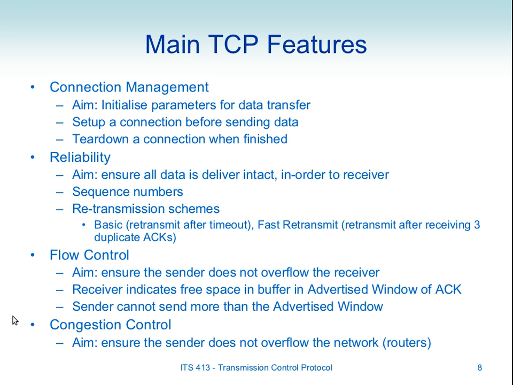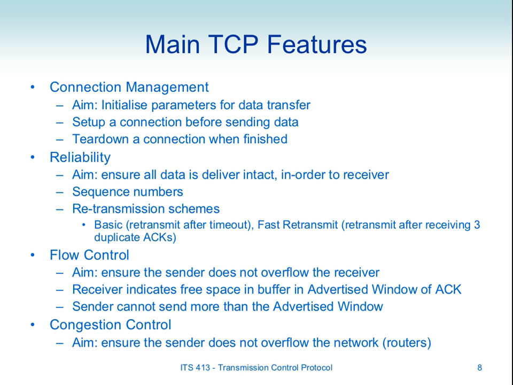So, flow control, we use this window field, which is called the advertise window. The receiver advertises to the sender how much space it has available in the buffer, the advertise window. The sender is not allowed to send any more than the advertise window. The abbreviation for the advertise window is AWND.